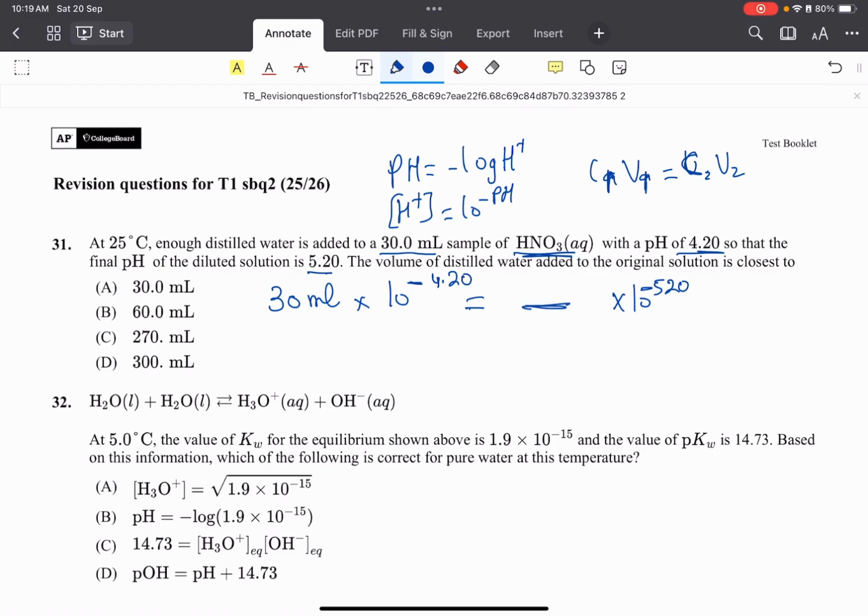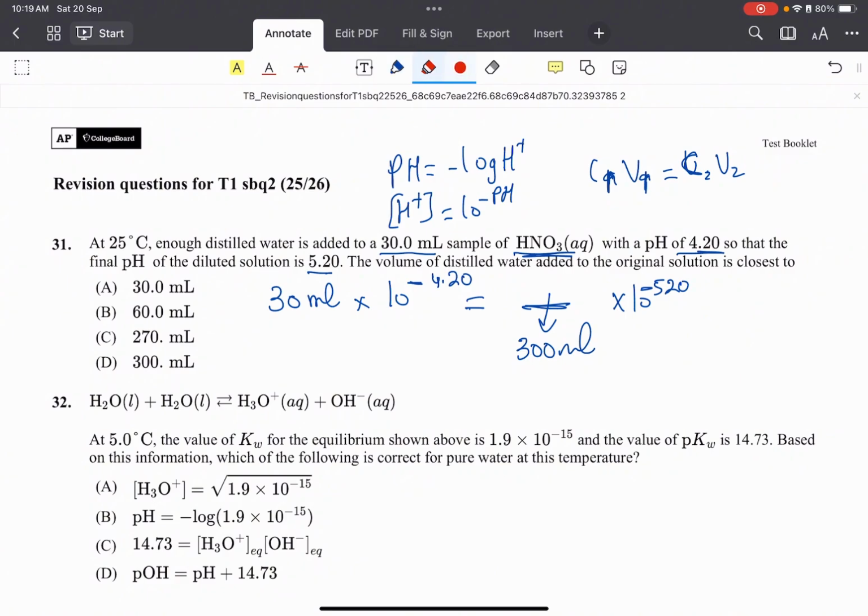So here I can find the value, times 10 to the power negative 5.2. So I found the volume over here to be 300 milliliters.